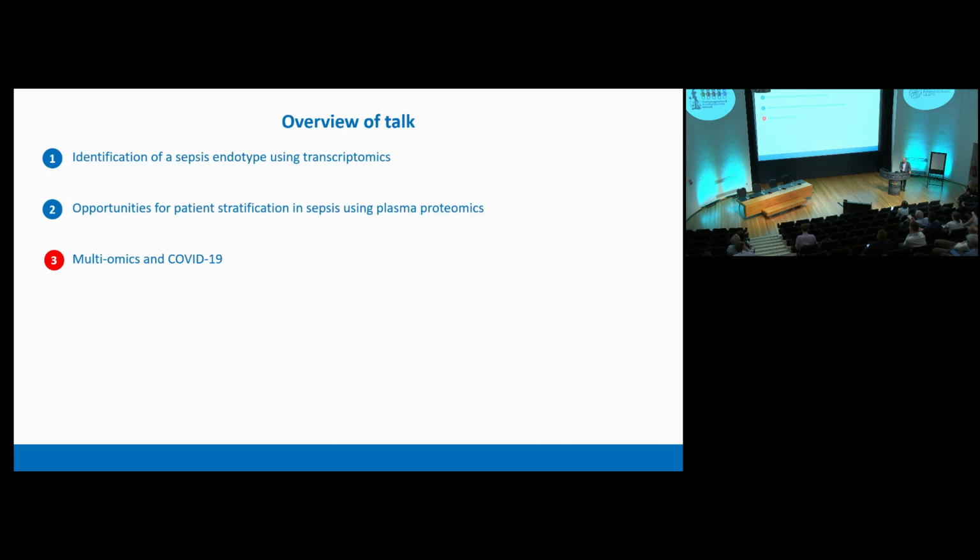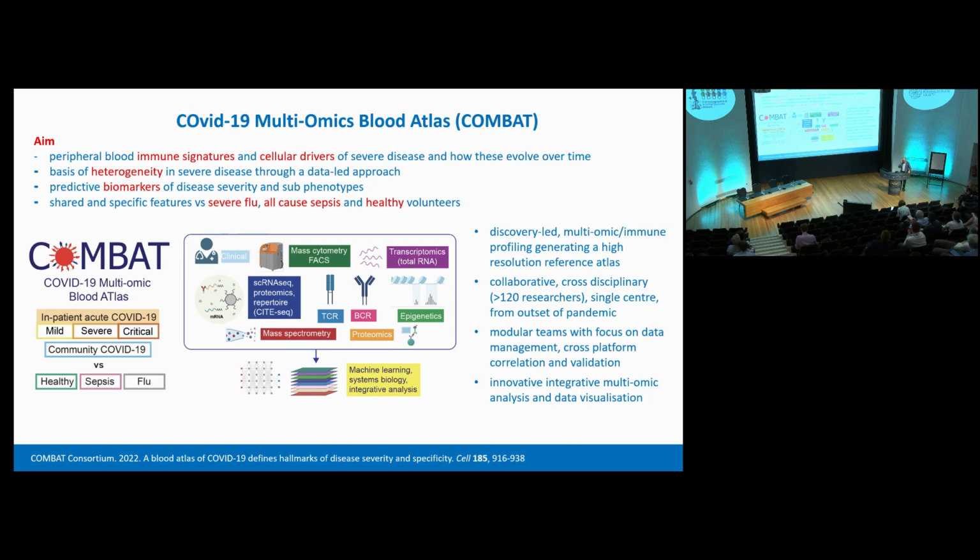So in the final part of the talk, I just wanted to touch on multi-omics. And this is data arising from a large consortium which we ran through the pandemic, where a lot of groups came together and worked on the same patient groups and samples, applying their particular expertise.